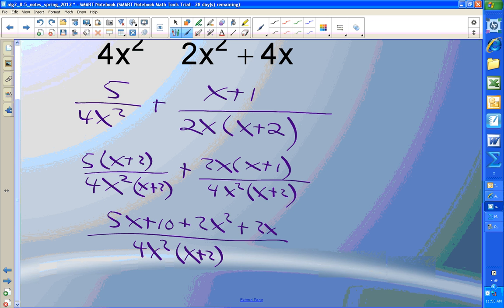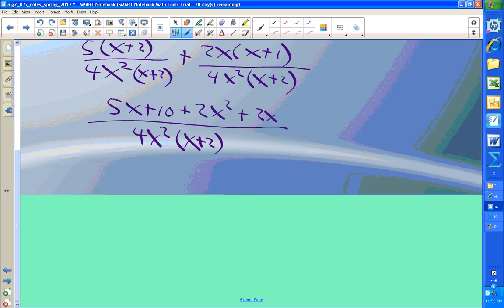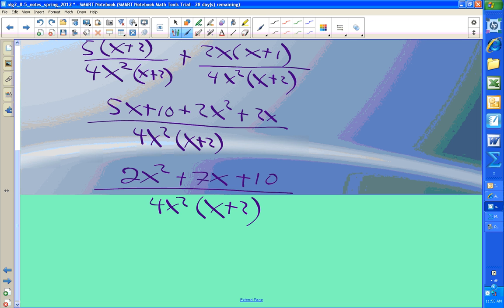Okay. So now you're going to go descending order, 2x squared plus 7x plus 10 over your LCD of 4x squared times x plus 2. Does the numerator factor?